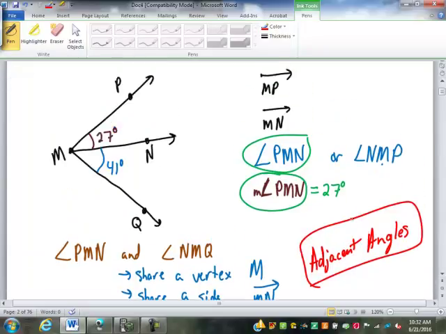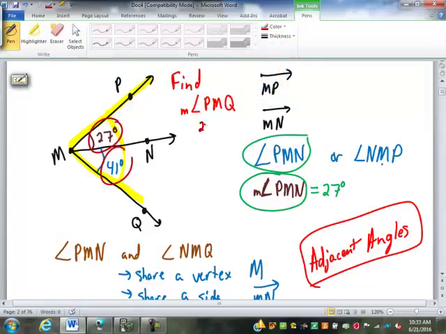So let's say I wanted to find the measurement of angle PMQ. What that is, this angle right here, this whole big one here. Well, how would I find that measurement? I just do 27 plus 41. Gives me 68 degrees. So this angle here would take on a measurement of 68 degrees. Just adding the other two angles together.